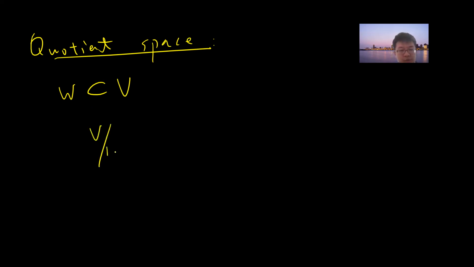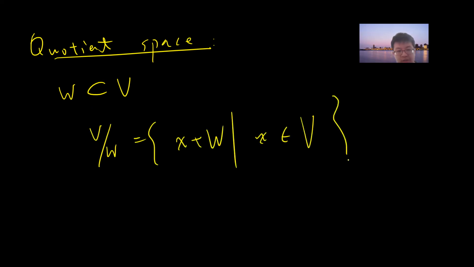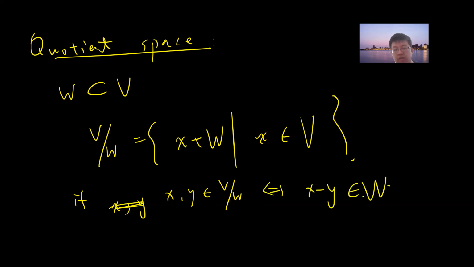We can define V quotient W as the set of x plus W for x belonging to V. The equivalence class is that if x and y belong to V over W, they are the same class if and only if x minus y is in W. You should view this as a quotient as abelian group.